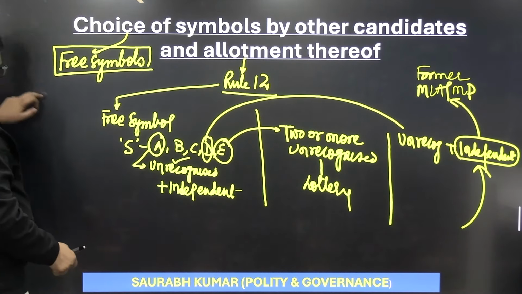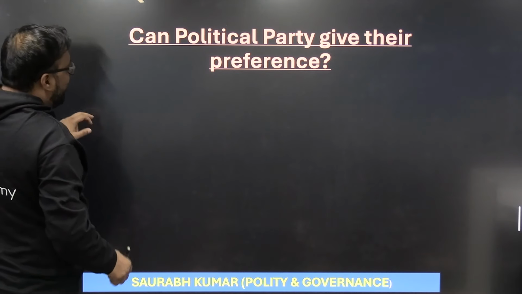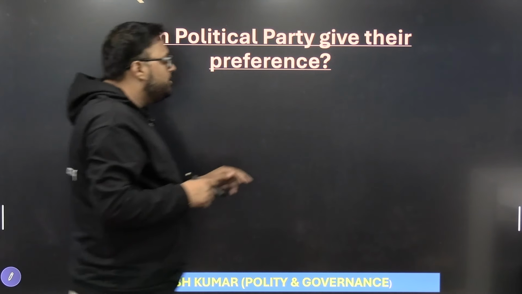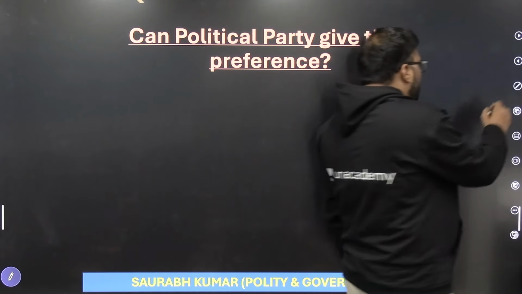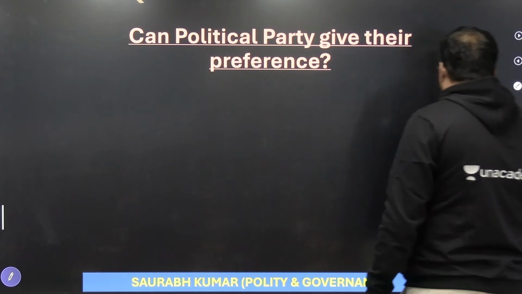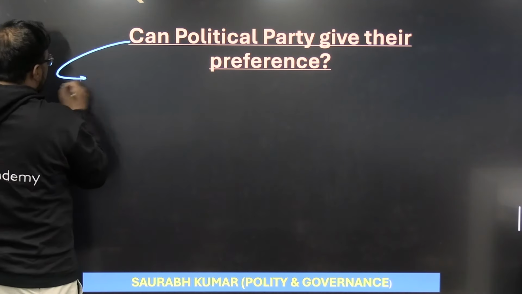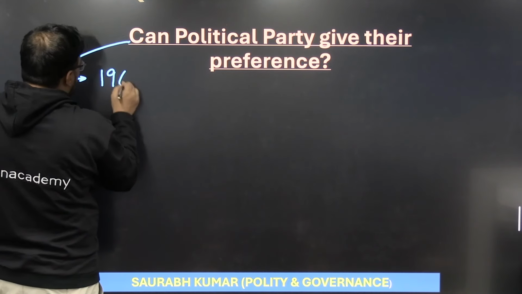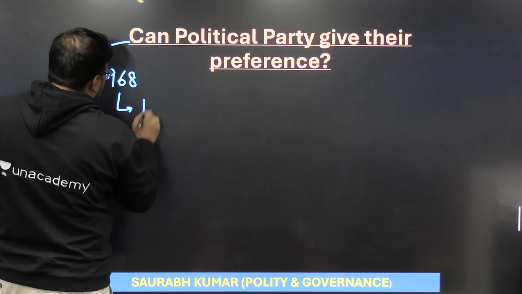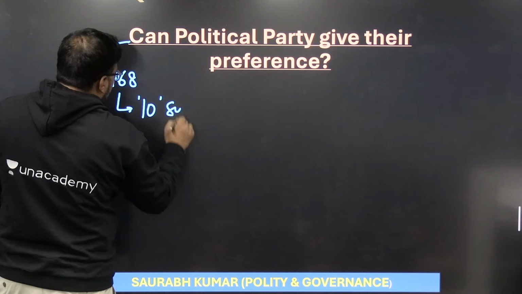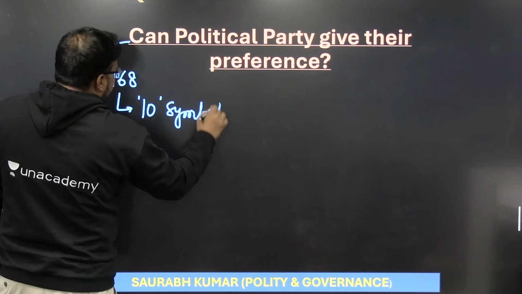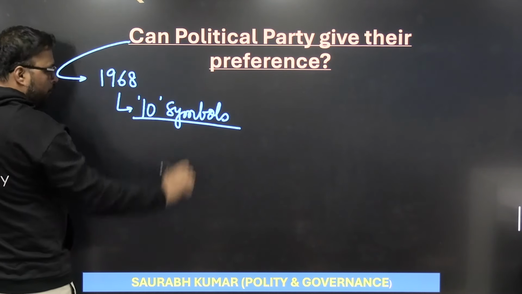Now the next thing that we will try to understand is, can the political party give their preference? So yes, the political party can give their preference. According to the Election Symbols Order 1968, there are 10 symbols that one political party can give in the order of preference.